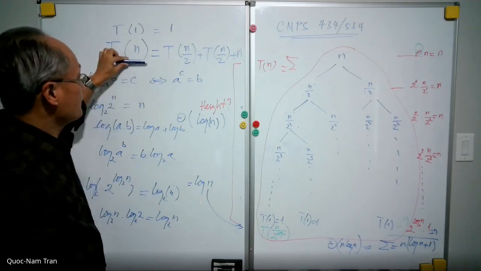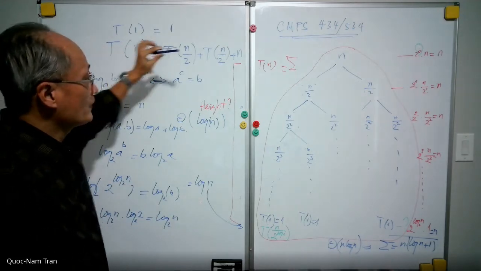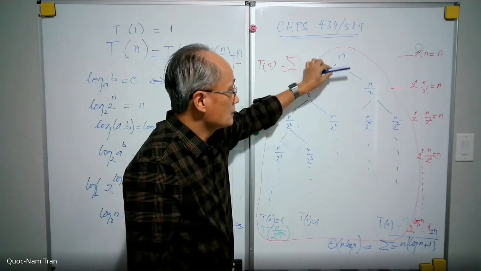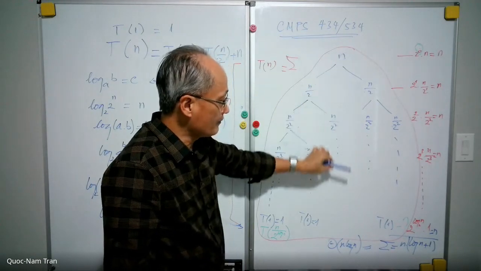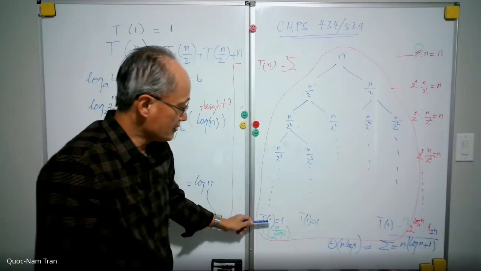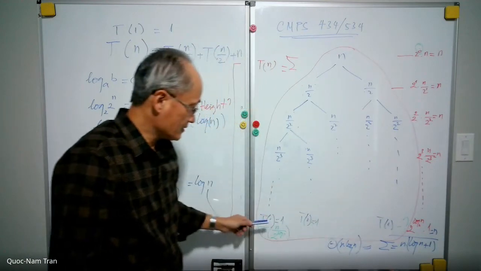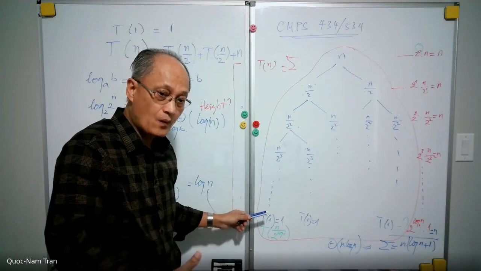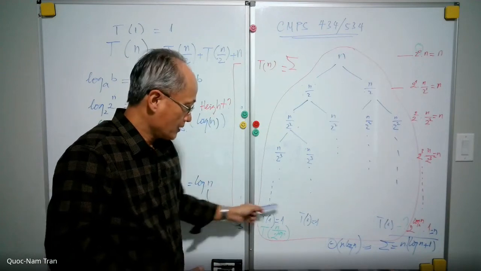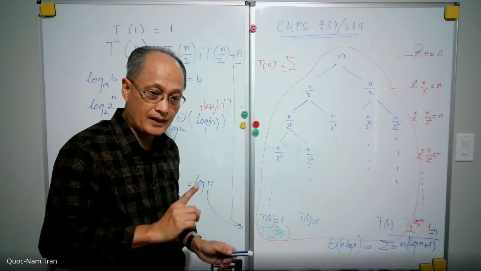So starting from a recurrence, we go level by level until we reach the base cases, which are the cases when the sub array has only one element.